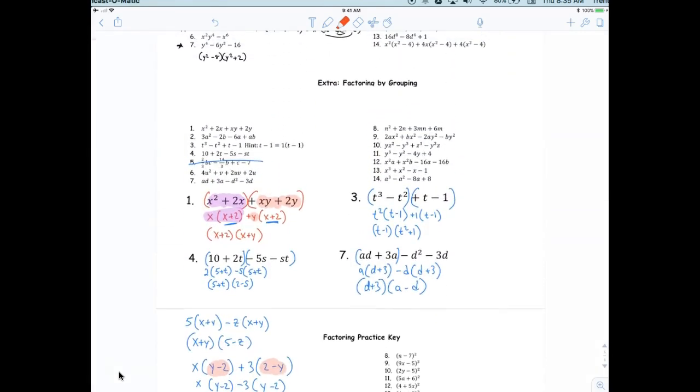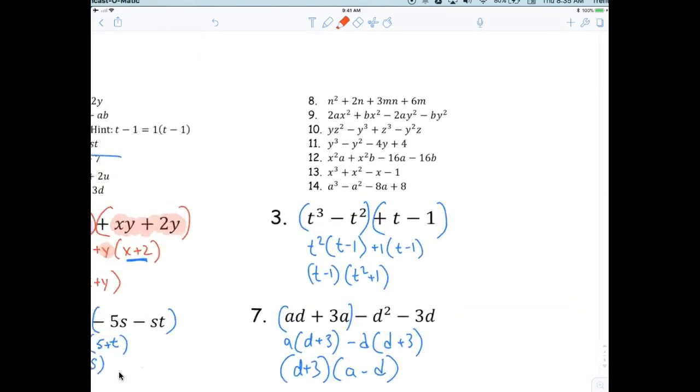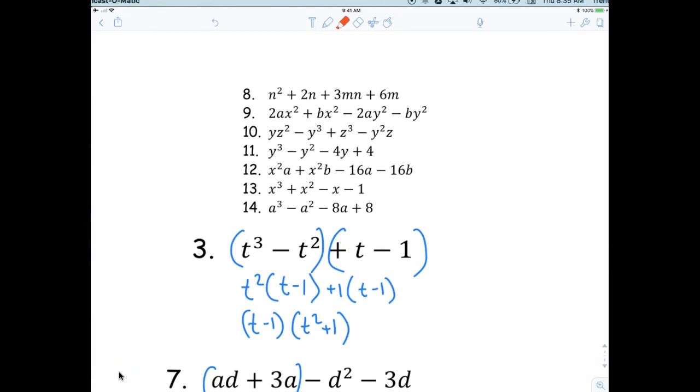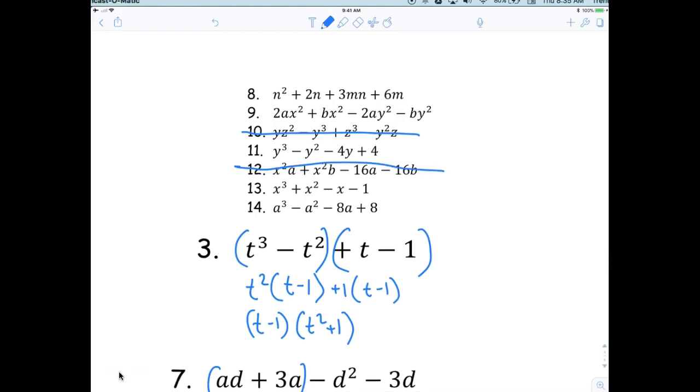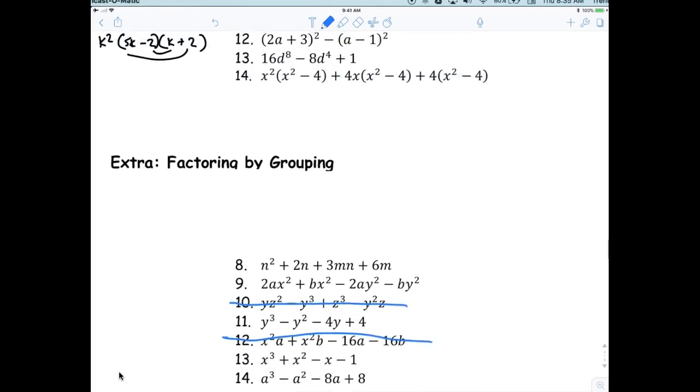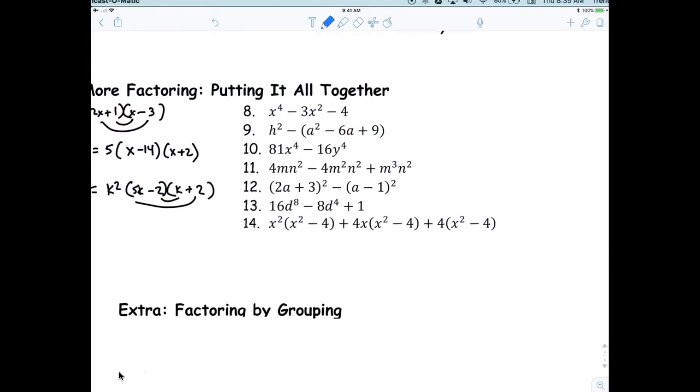Okay, so listen, honestly, if you wanted to stay with me on this one, cross out 10. If you were looking to practice, cross out 12. Realistically, don't do any of this on that side.